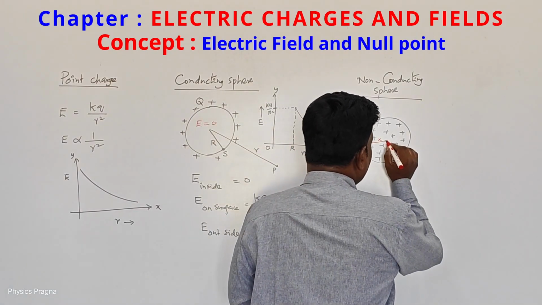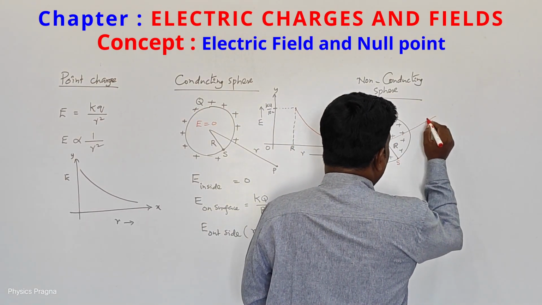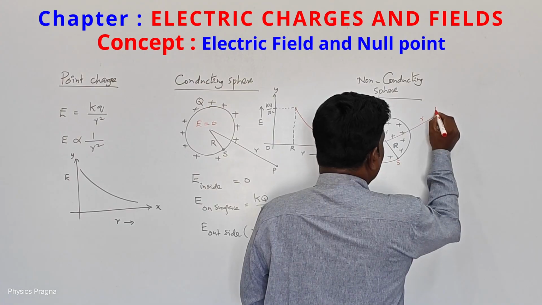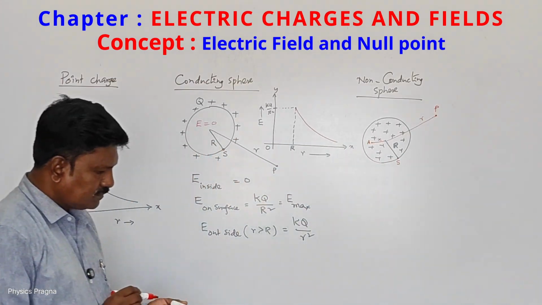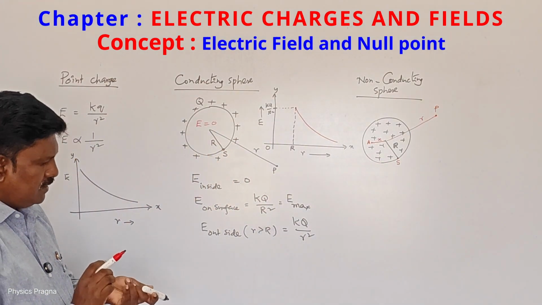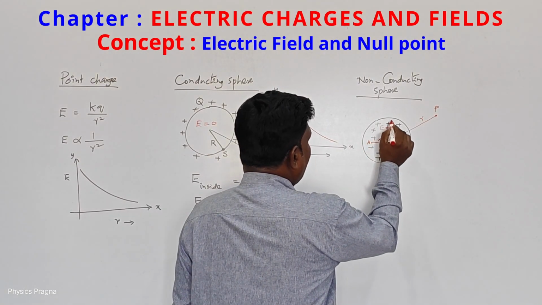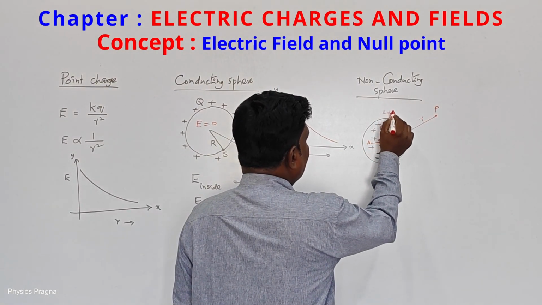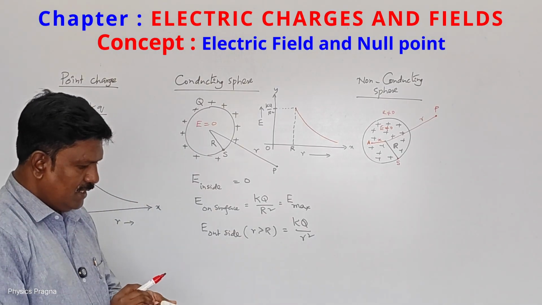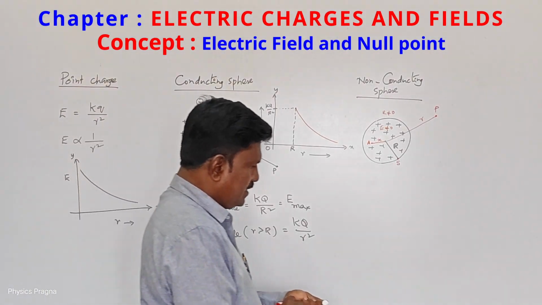Another point I have taken, which is at r distance. This is outside, P. So inside also the electric field is not equal to 0, and outside also the electric field is not equal to 0. Then what would be the values?